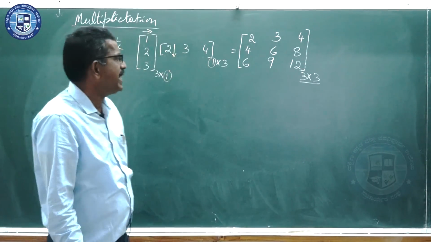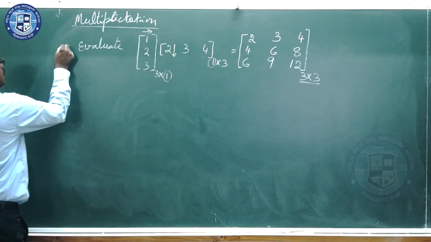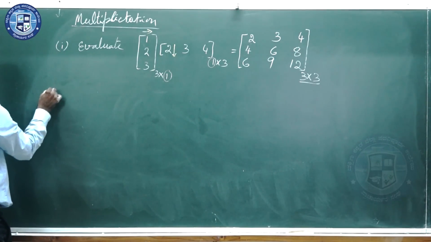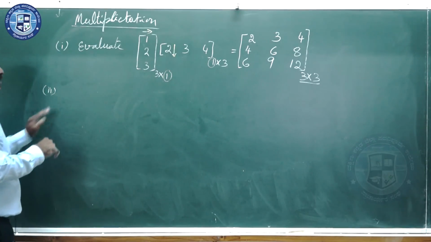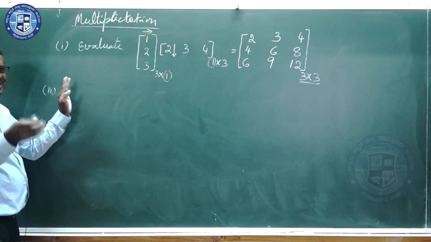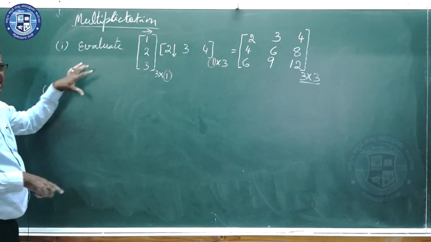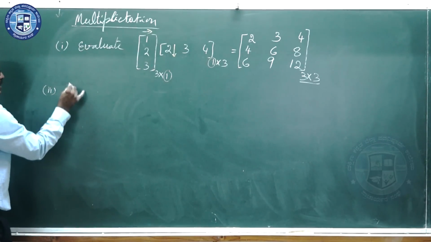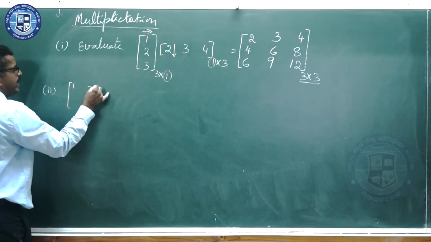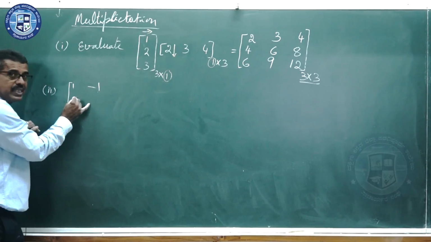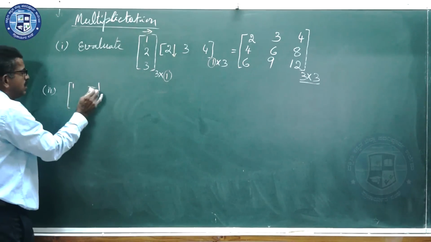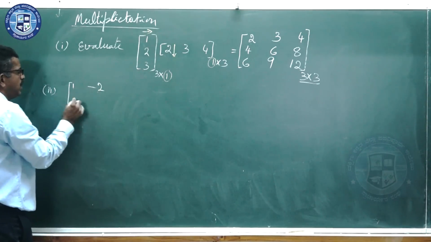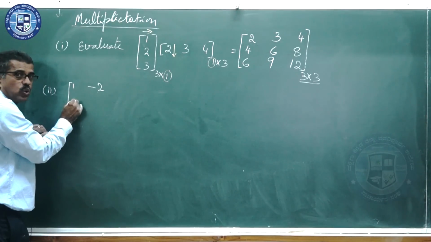Okay, let me take the second example. The matrices may be named A and B, as it is directly given in the NCERT book. The first matrix is of order 2 cross 2. I'll take 1, minus 1 in the first row, and the second row will be minus 2, 3.